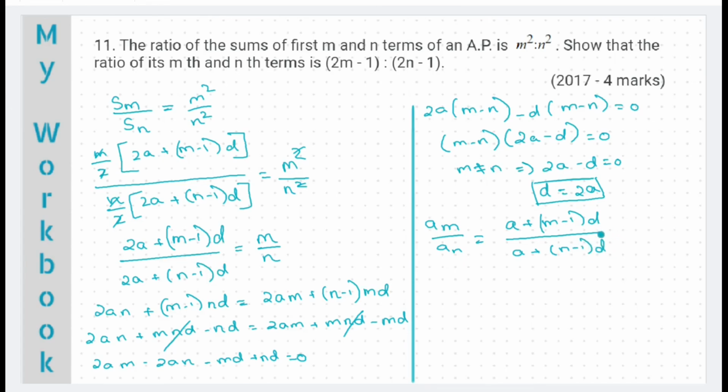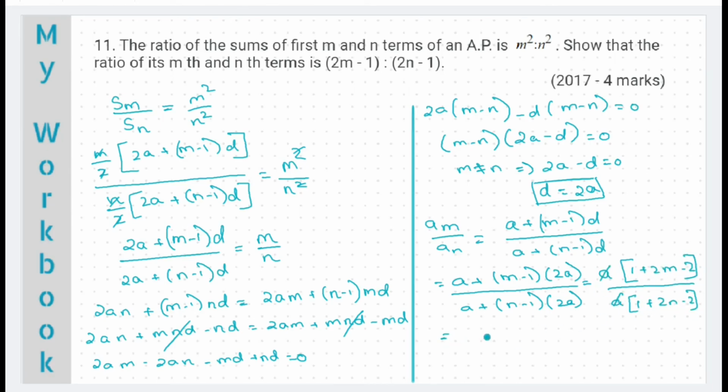Let us substitute d as 2a here. We get 2m minus 1 and 2n minus 1. So the ratio of mth term to the nth term is 2m minus 1 divided by 2n minus 1.